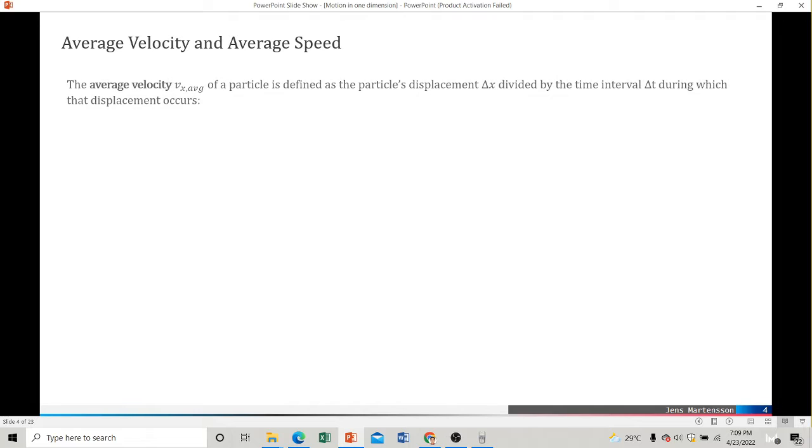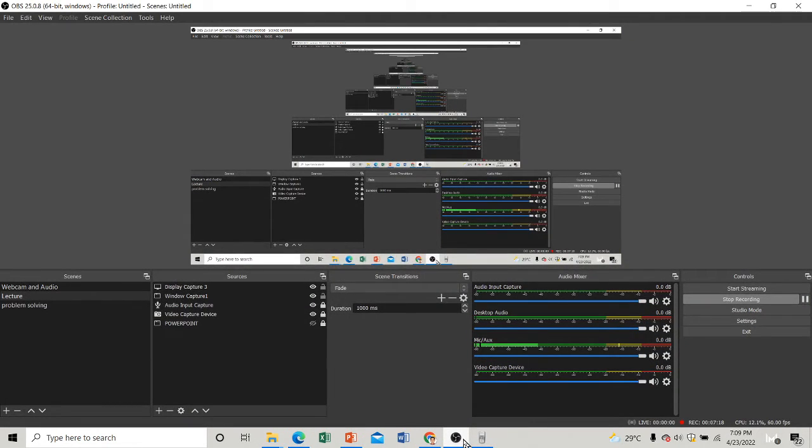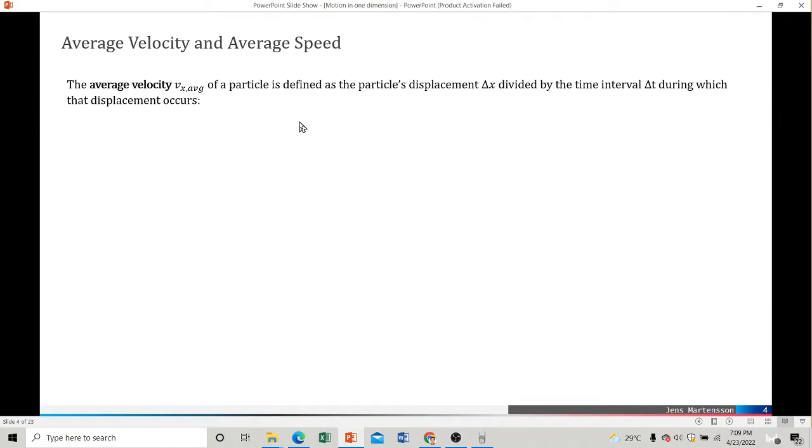Now, the average velocity and average speed. The average velocity, v x average, of a particle is defined as the particle's displacement, delta x, divided by the time interval, delta t, during which that displacement occurs.